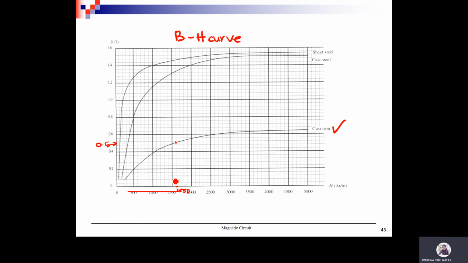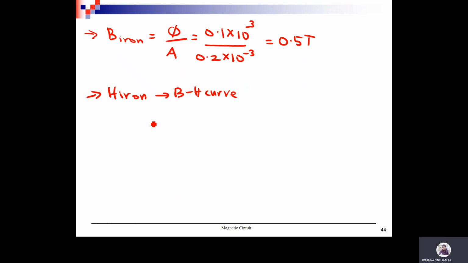You can use your ruler to get the exact value from this graph. For example, this value is around 1550. So from the BH curve you will get H iron equal to 1550 ampere turn per meter. So these are the information you already have, B and H.